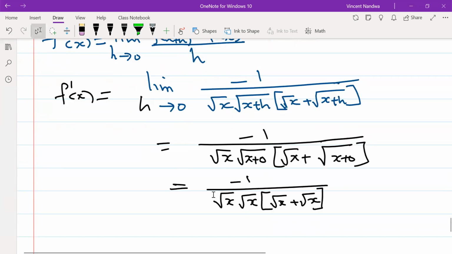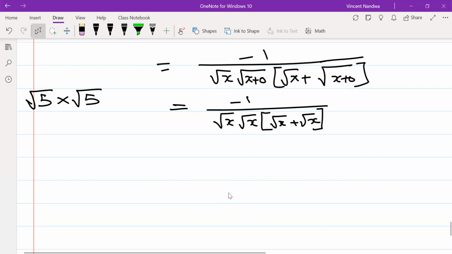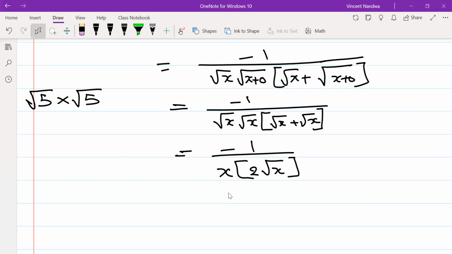Okay, so let's just simplify what is outside. It's like asking what is square root of 5 times square root of 5. It's 5. So root x times root x is x. So this will be negative 1 over x. Now root x plus root x is 2 root x. So which is simply negative 1 over 2x root x.